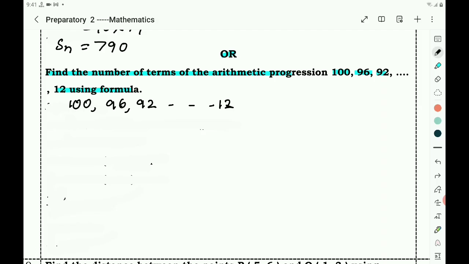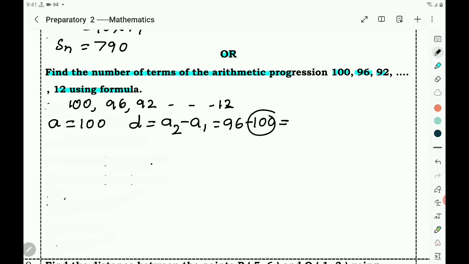Here what we have to find out? Number of terms, means n we have to find out. Write the first term a is equal to what? 100. Then d equals a2 minus a1, which is equal to 96 minus 100. 100 minus 96 is 4. It is minus 4.